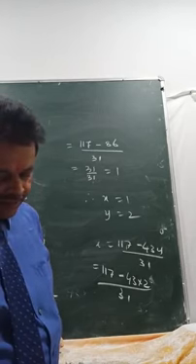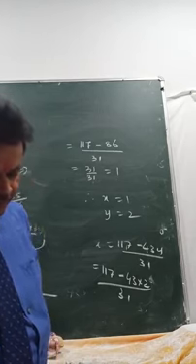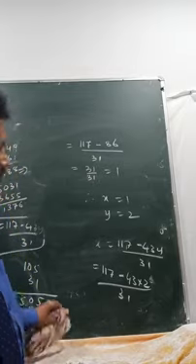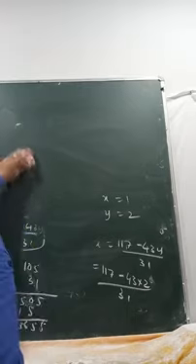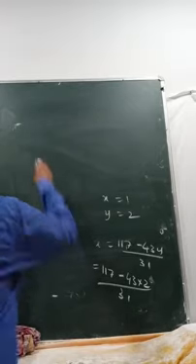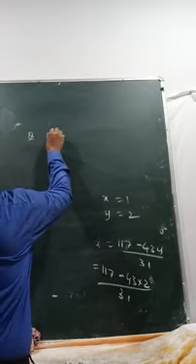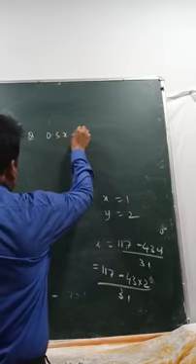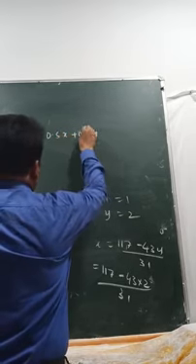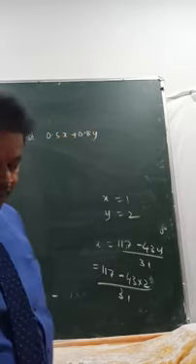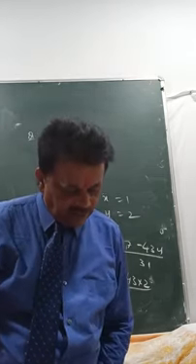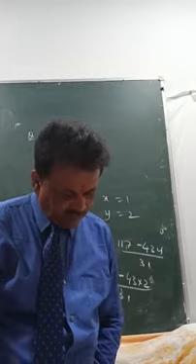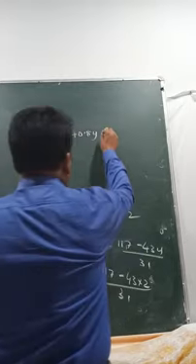Like some different type. 0.5x plus 0.8y equals to how much? 0.44.